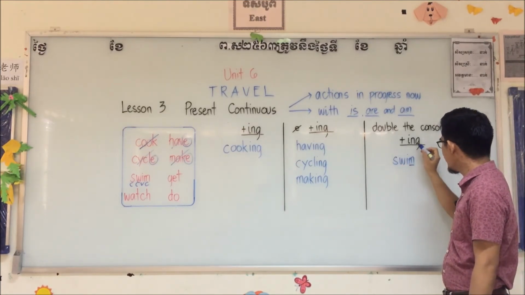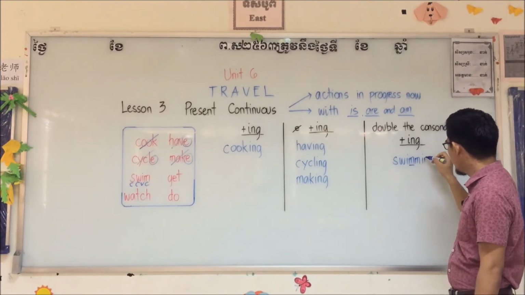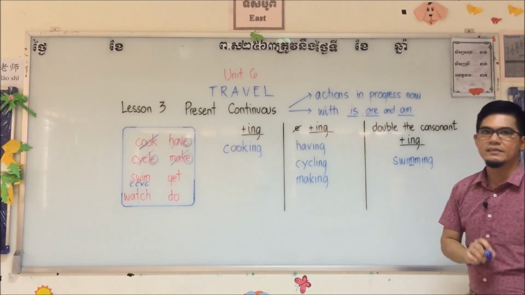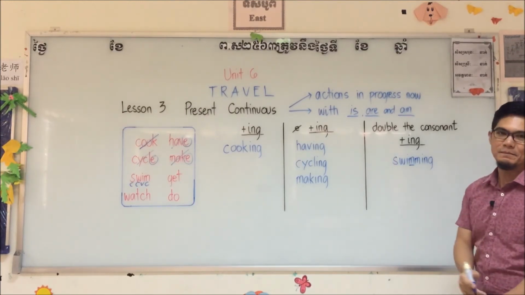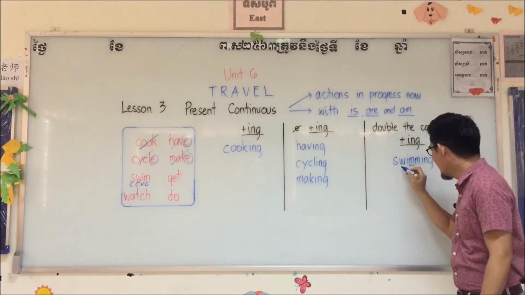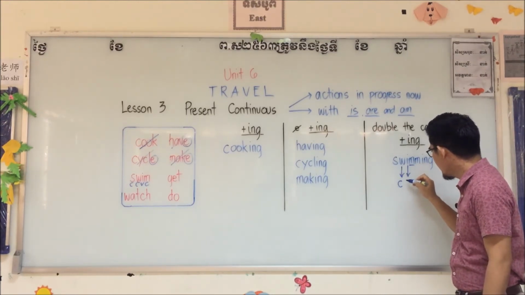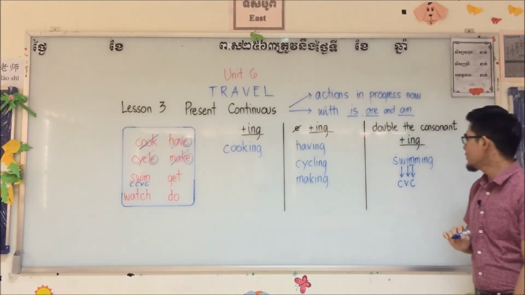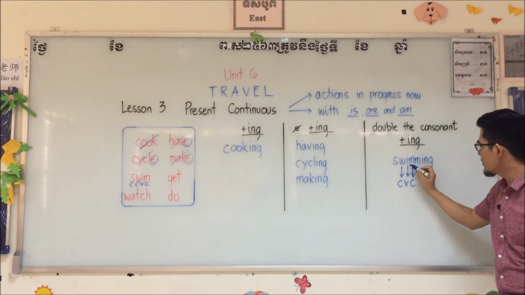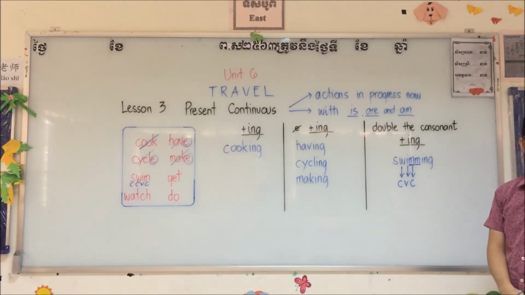You double the consonant and then add ing. We now got swimming. Don't forget, this one is a consonant, this one is a vowel, this one is a consonant. So we need to double the consonant, and then add ing.